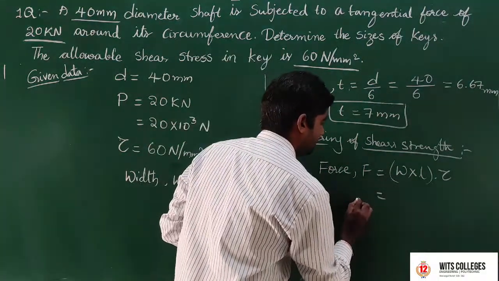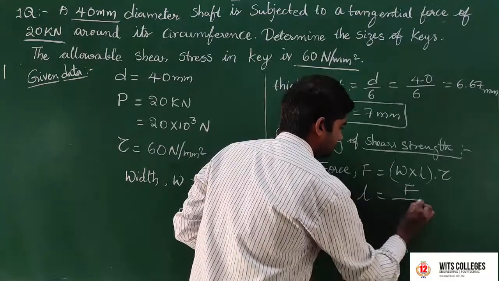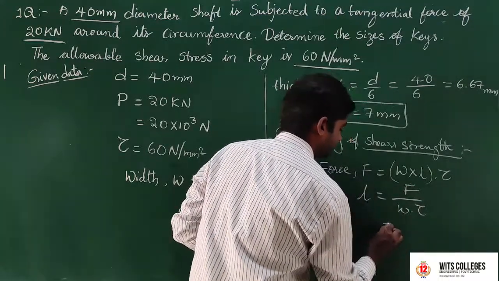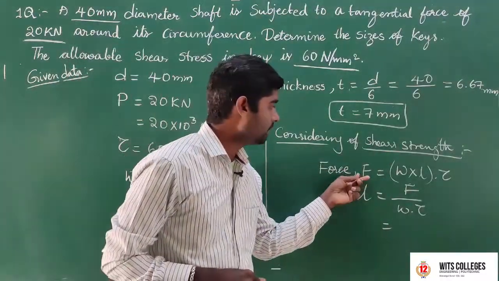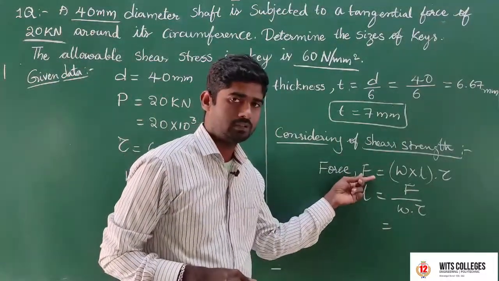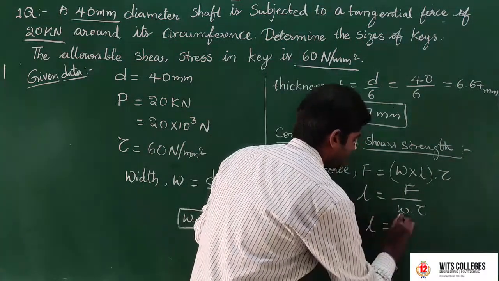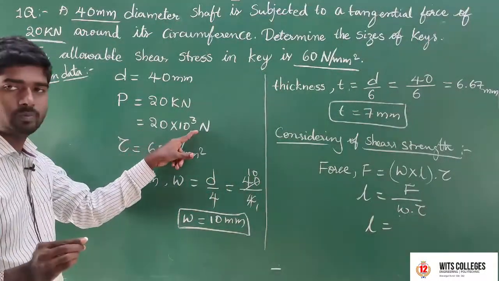Then L is equal to F by W into shear stress. Force is nothing but load. We know in our given data 20 into 10 to the power of 3.